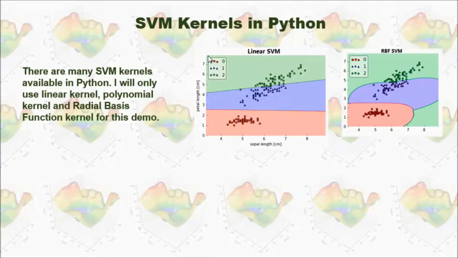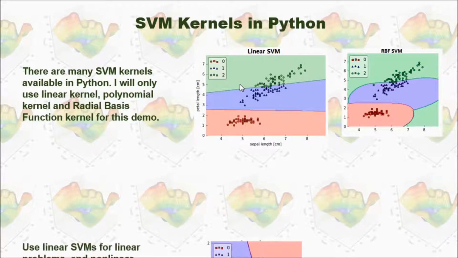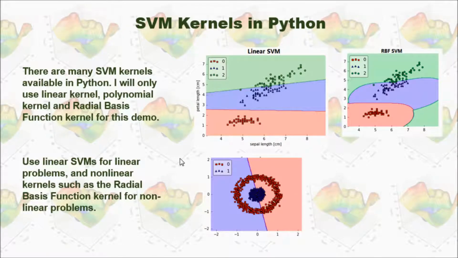And in this condition, with all those data, we have a similar result. That is, we can use either linear SVM or RBF SVM. We can separate all those data. But for certain circumstances, for example, this one, we have one group of data clustered in the middle here, and the second group surrounding the group 1 data.